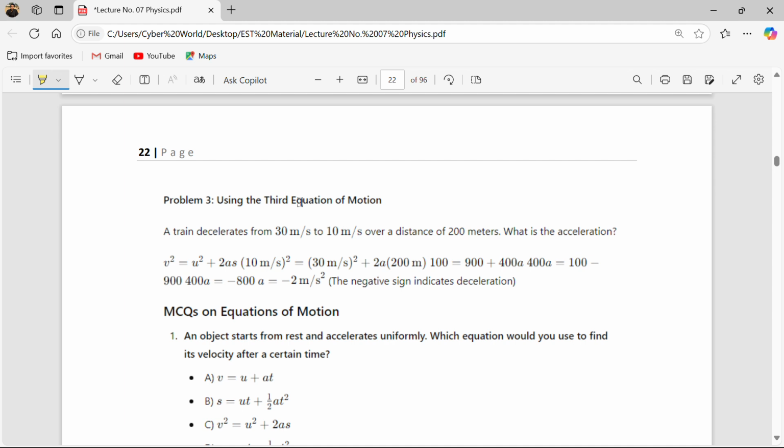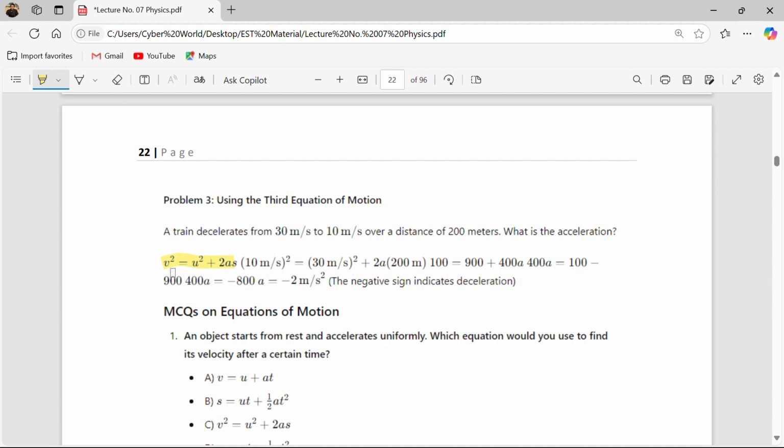The next problem came from the third equation of motion. A train decelerates from 30 meters per second to 10 meters per second over a distance of 200 meters. What is the acceleration? If acceleration is required, you can find it from the third equation of motion, Vf squared equals Vi squared plus 2as.